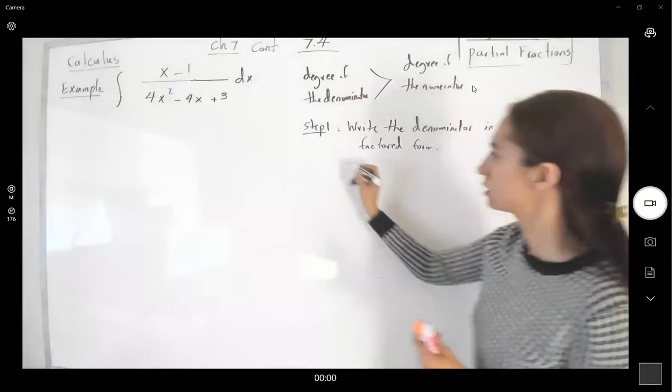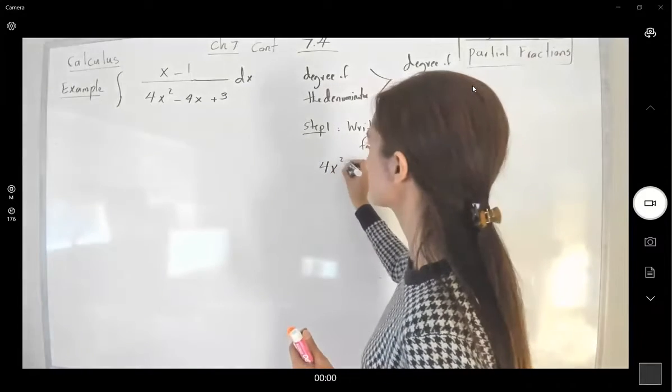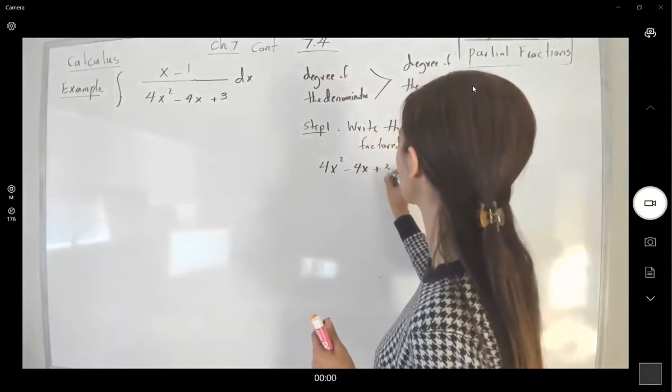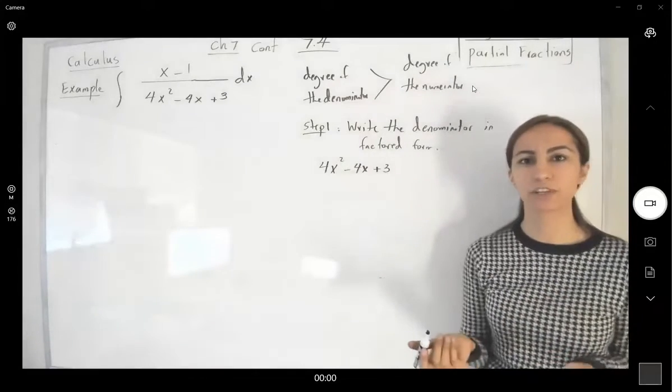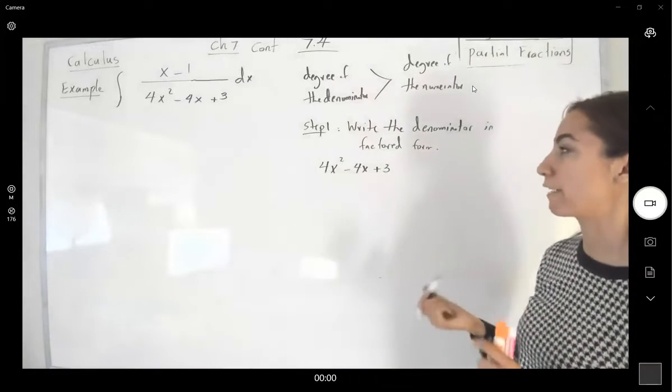Here we have 4x squared minus 4x plus 3, a quadratic expression, and we're going to write it in factored form.